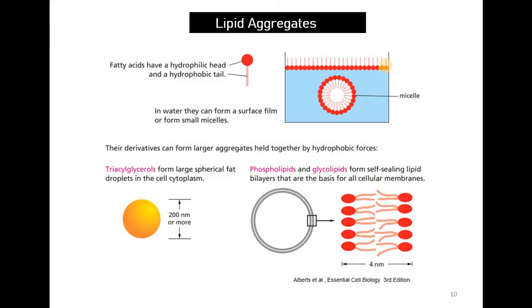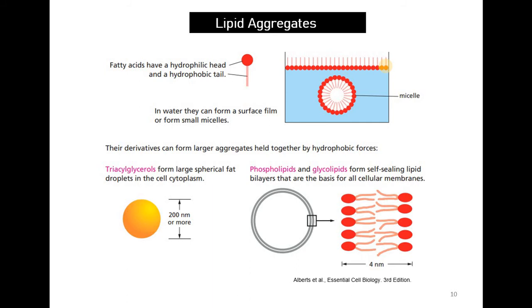I've already mentioned that lipids act as energy storage. How do these things happen, how do lipid droplets form, what are the roles of triacylglycerols? So there are certain properties of the lipids. There are lipid aggregates. If you look at the structure, as I've already mentioned, there is a hydrophilic head and a hydrophobic tail.